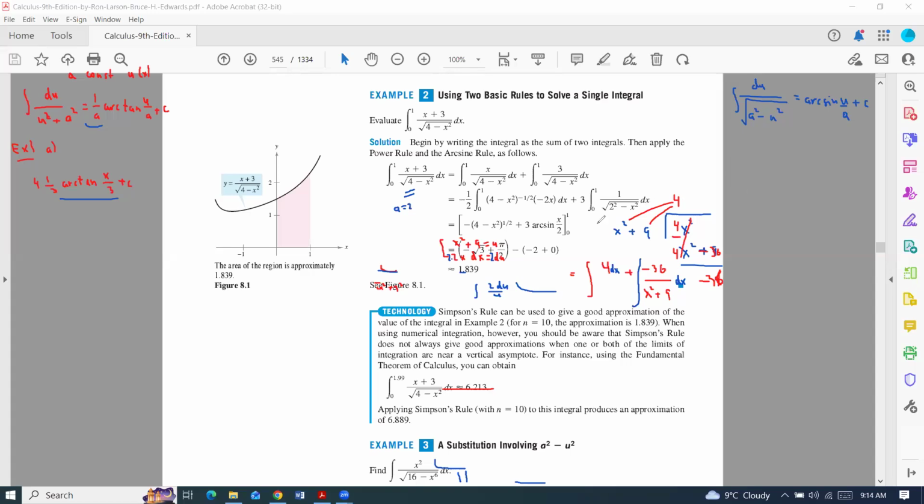For the second will be arcsine, but for the first it will be substitution, so it will be just some number. So you could trace whatever they did here.